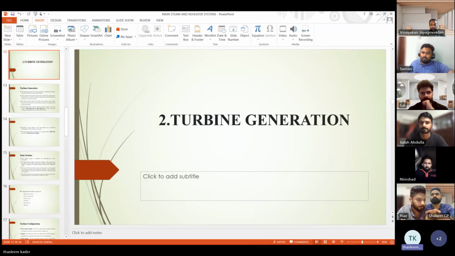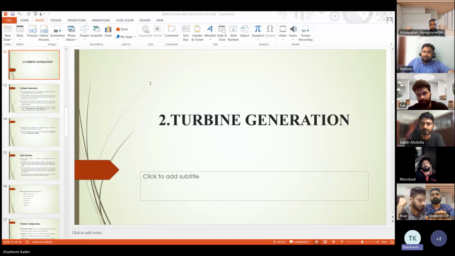This slide is a little vast, so I just make some points to give a brief idea because we have time constraints also. What are the components of a turbine?